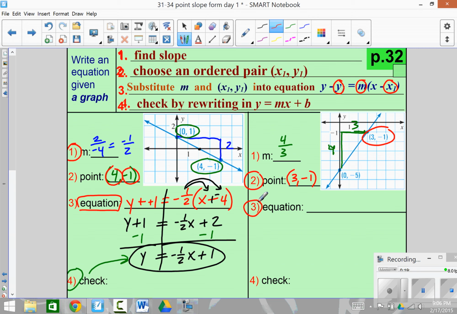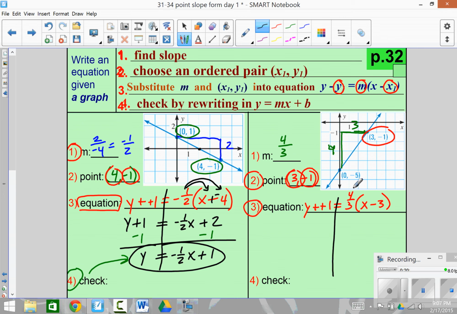I'm going to plug in my m, my x1, and my y1 into my form. y minus my y1, which is negative 1, so it's the same thing as plus 1, equals my m, 4/3, parentheses, x minus my x1, which is 3. Everyone's equation might be different if you chose the other ordered pair. Our check, though, in the end, is the same for everyone.